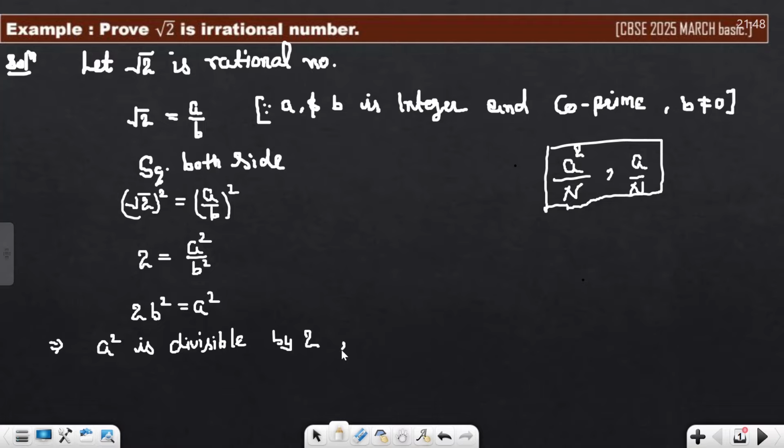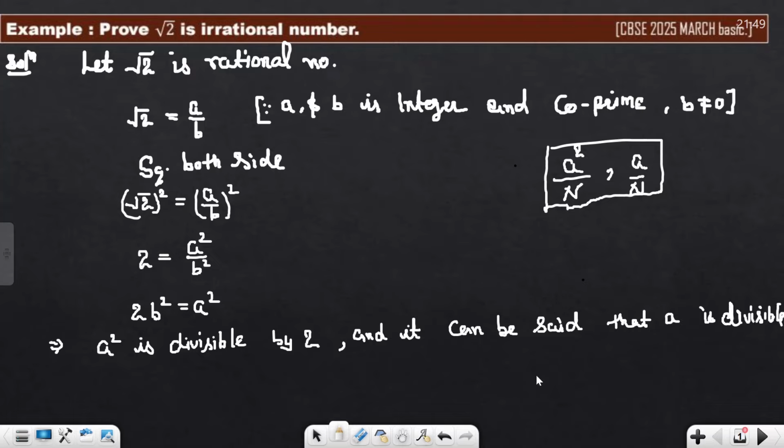So we can write here: it can be said that a is divisible by 2.